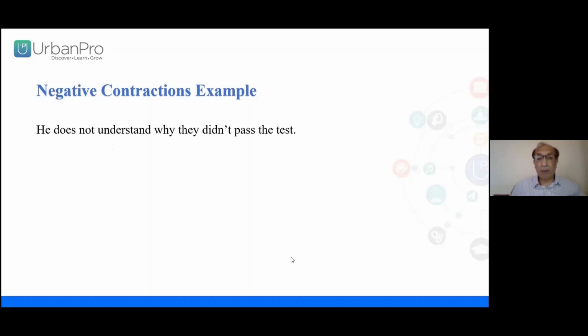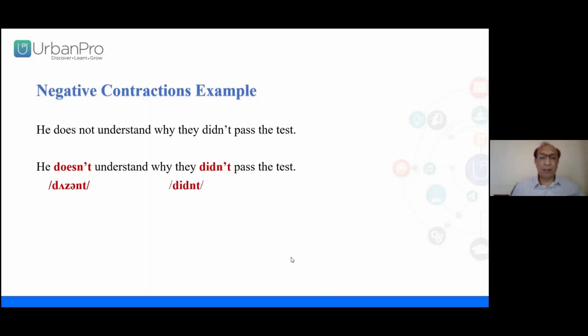I've already used one of the negative contractions here, didn't. But there's one more we can use, that is does not. The pronunciation of does not comes out as doesn't. So the way we'll say this sentence is, he doesn't understand why they didn't pass the test.